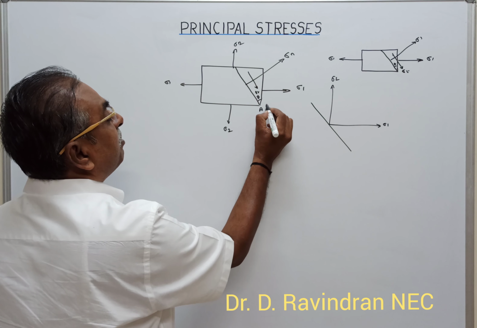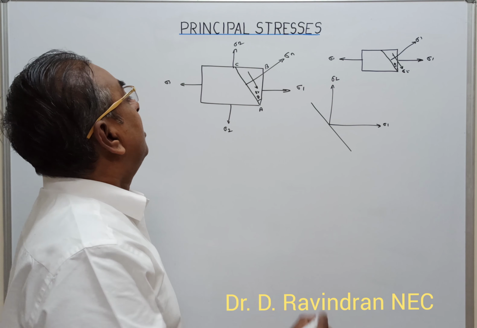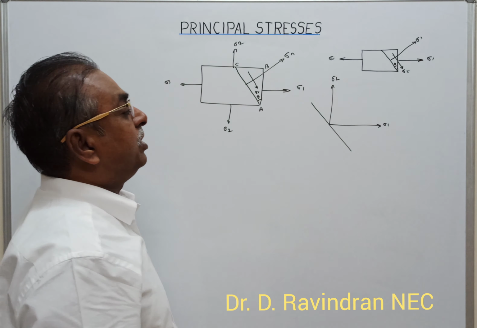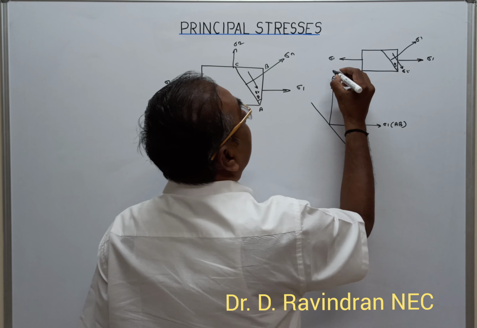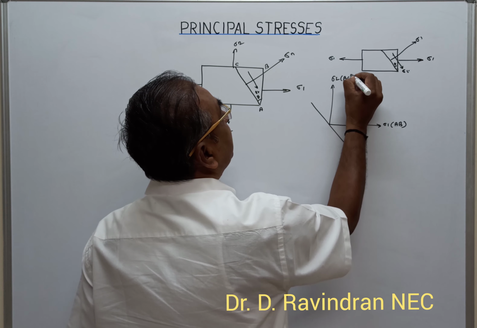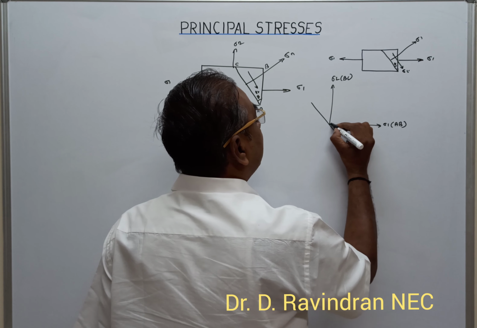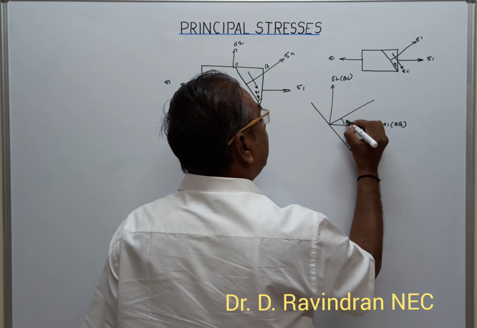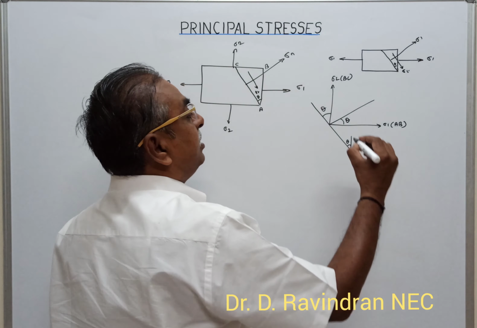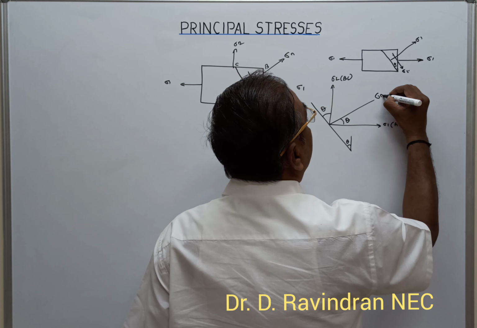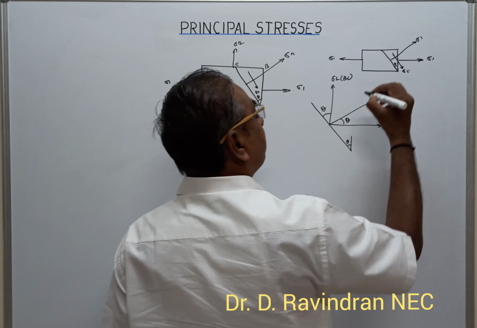Now as usual, if you name this triangle A, B and C, and let us consider the thickness as unity, the force in this direction will be sigma 1 into AB. Here it is sigma 2 into BC. When this angle is theta, when you draw a normal line, this is going to be theta and this is also going to be theta. This is for the normal direction. Our normal direction stress is sigma n, and the force is sigma n into AC.